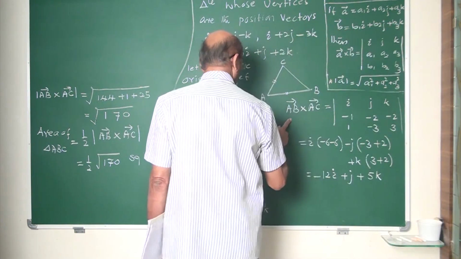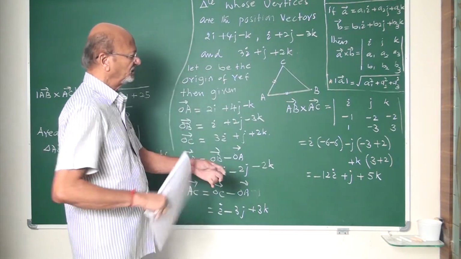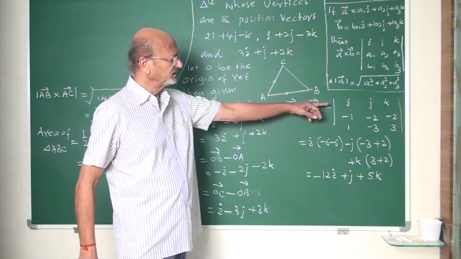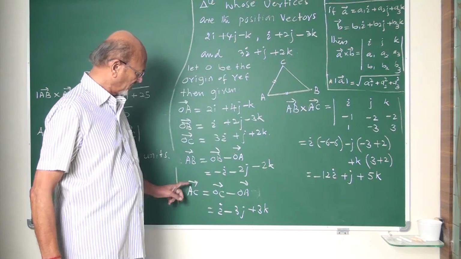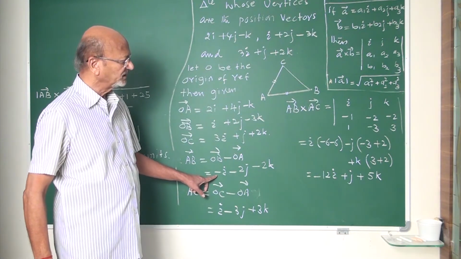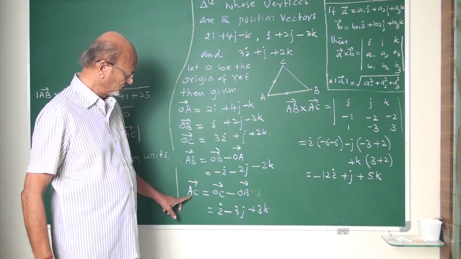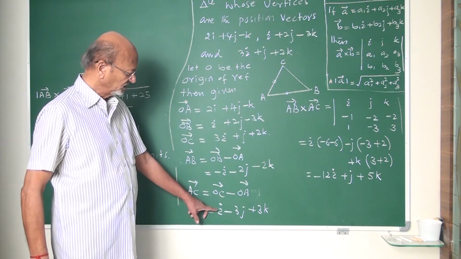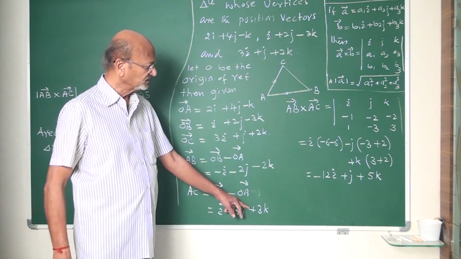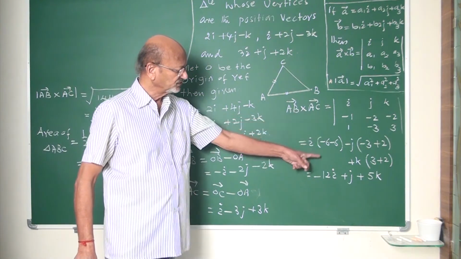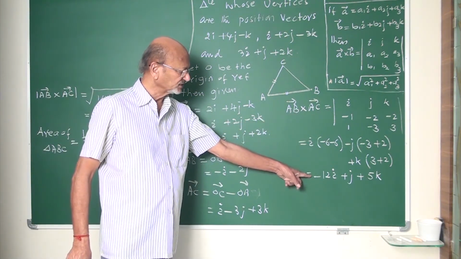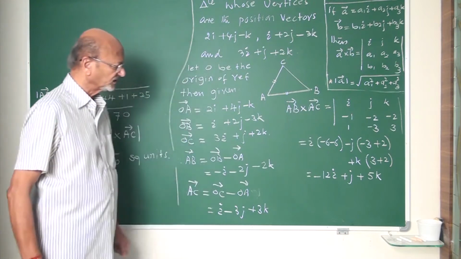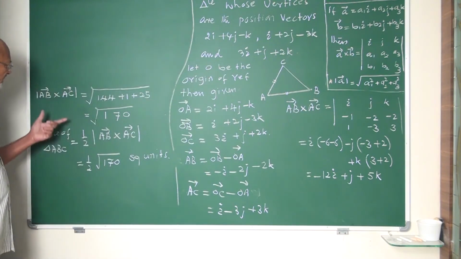This is AB cross AC. What is AB cross AC? Determinant i j k. Components of the first factor minus 1, minus 2, minus 2. Components of the second vector AC, 1, minus 3, plus 3. Evaluation of this determinant gives AB cross AC. Then you have to find its magnitude.